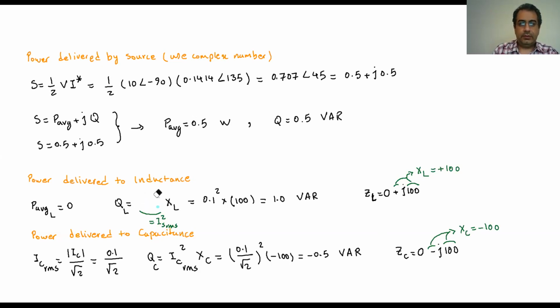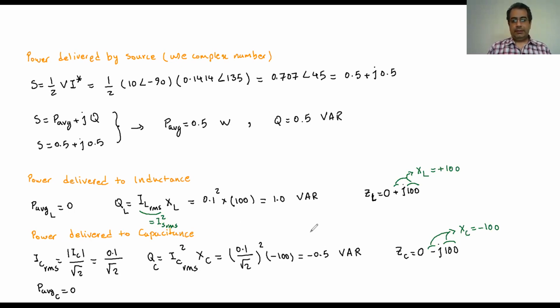This is the I at L RMS, which is the same as at the source. The same here also, the P average for the C is also going to be 0. So there's no average current delivered to a capacitance that we can see here.